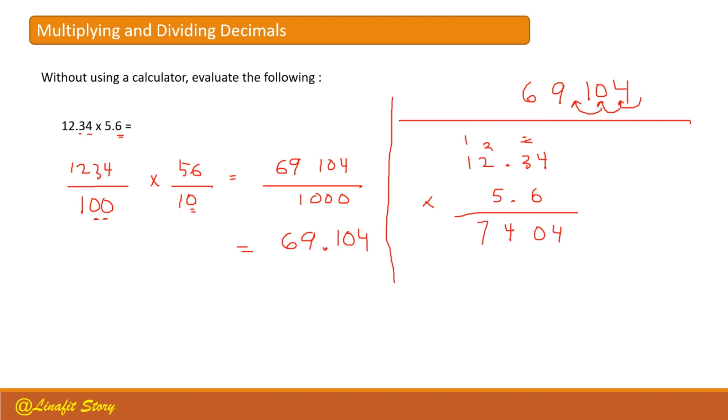Done. Then we go to 5. 5 times 4 is 20. You write 0 here. So you must skip one digit. 5 times 3 is 15, plus 2, 17. 5 times 2 is 10, plus 1, 11. 5 times 1 plus 1, 6.